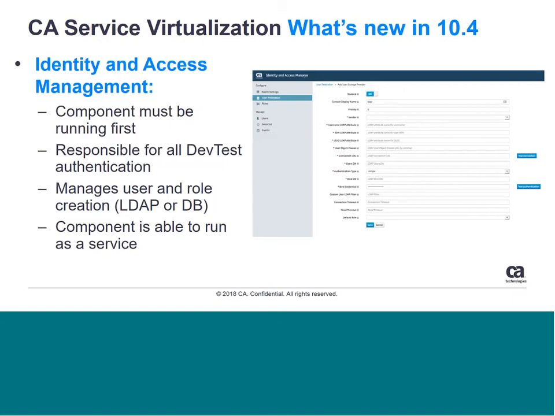But now, because all these components come under the umbrella of IAM, the IAM service is a new service that's introduced in 10.4, and it needs to be started first. Then you can start the dashboard as usual, and then you can start the registry and all the other components, in whatever order you choose. So that's basically that.